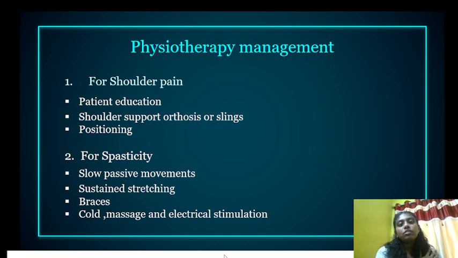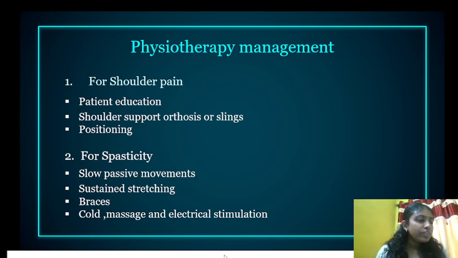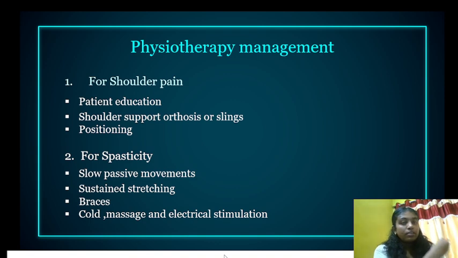Shoulder pain usually occurs in stroke patients when subluxation or dislocation has occurred, because there are two types of effects, flaccid as well as spastic. In the case of flaccid paralysis, the muscles have been paralyzed and the proprioception around the area has reduced.